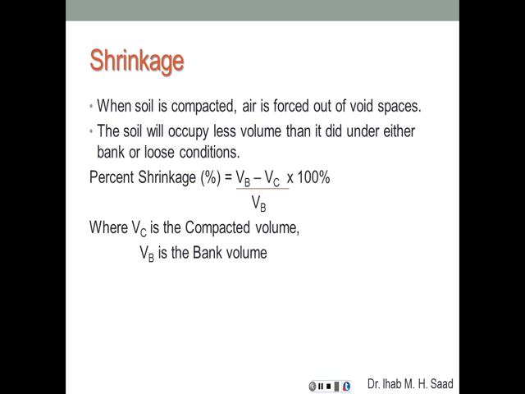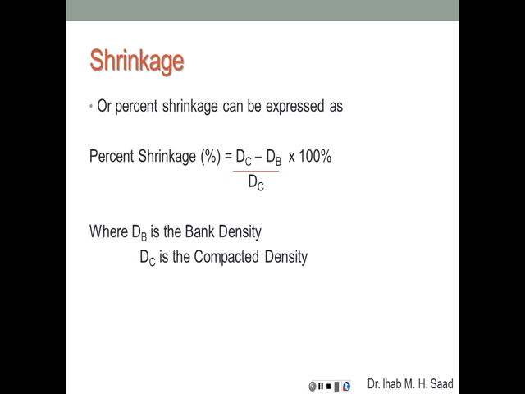We got rid of air, which doesn't have any density. So for the same volume, the density of compacted soil is higher than the density of the bank soil. So that's why here, when we get the shrinkage, we divide by the density of the compacted soil. So density of compacted minus density of bank divided by density of compacted times 100%.